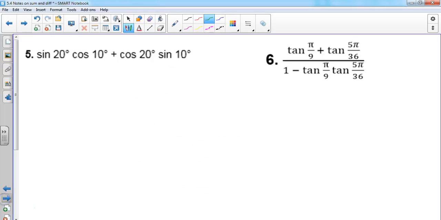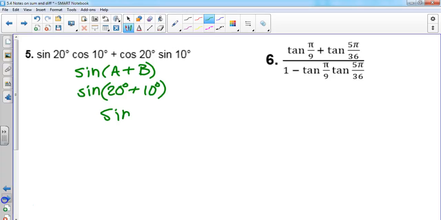All right, let's try one on ours. Can you find sine, cosine plus cosine, sine on your gray sheet? Sine A plus B. Okay, what are the A and the B? 10. And what does that simplify to?